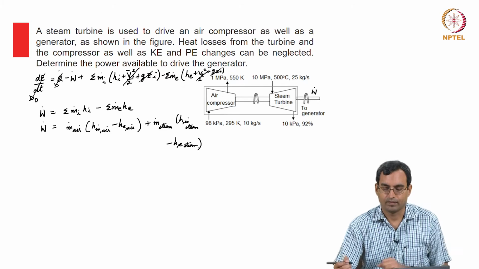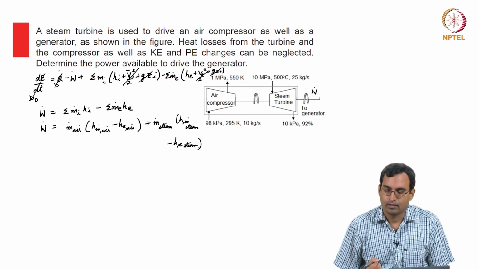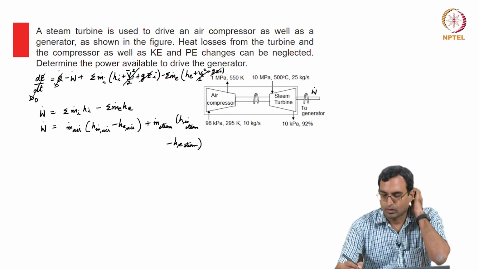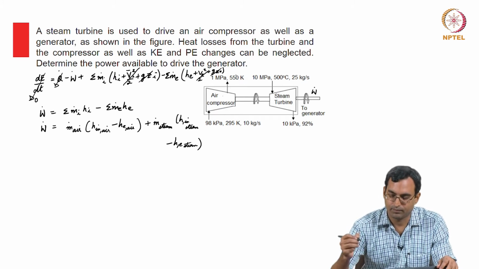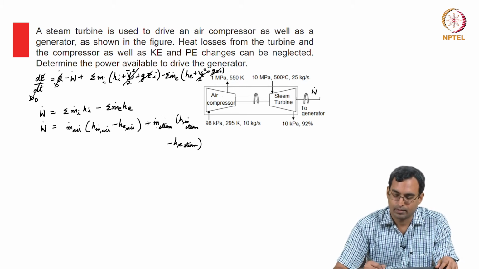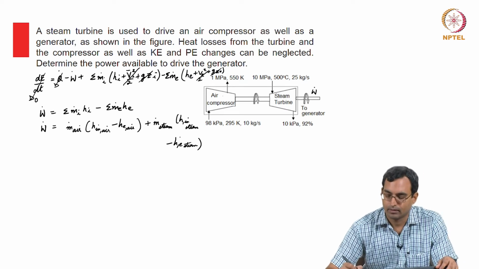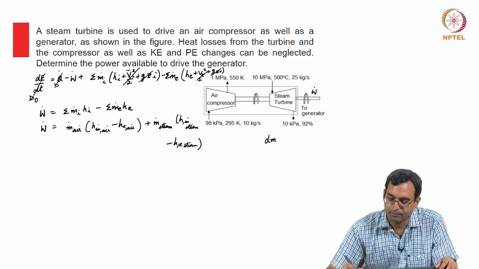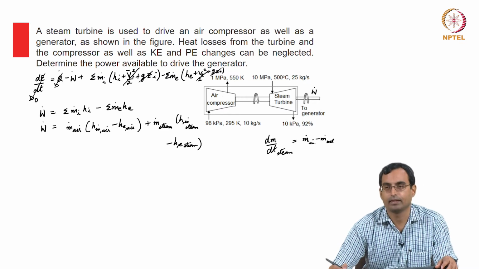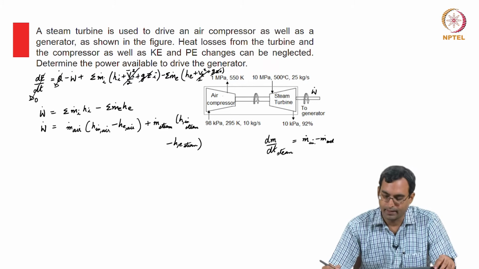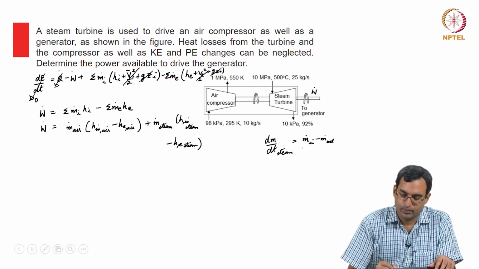So, I have an expression of this form. The steam and the air do not mix, steam comes in and goes out at some flow rate, air comes in and goes out at some flow rate. I have already used the conservation of mass. So, I have dm by dt separately for steam and I have dm by dt also separately for air in a similar fashion. So, which gives me this.